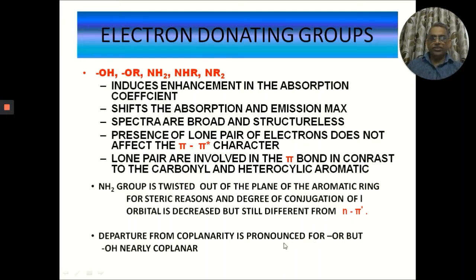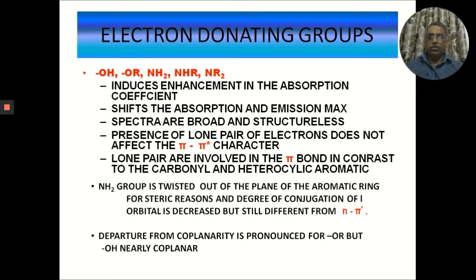If you have the OH group, it's almost coplanar. It is simply because of the steric interaction between the oxygen substituents and the ring substituents, or ring protons, that can make them go out of the plane.